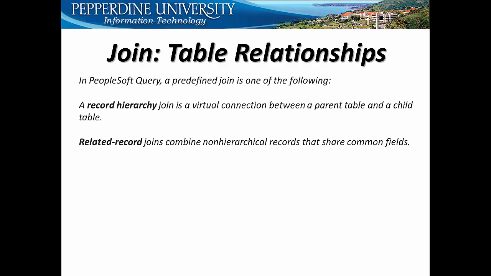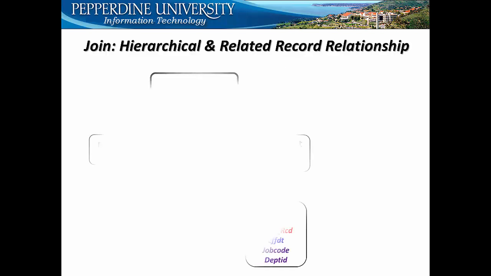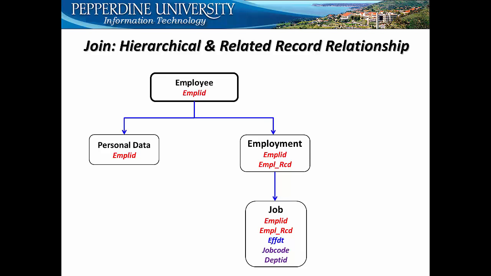So, whenever you're using these two record types, you perform a join that is linked based on common or key fields. The following diagram shows the technical relationships between the tables of data based on their key structure.